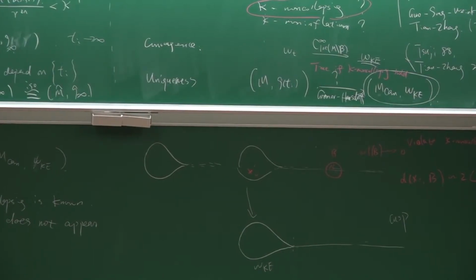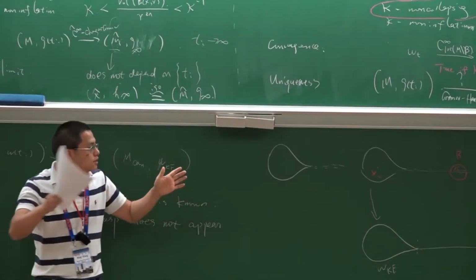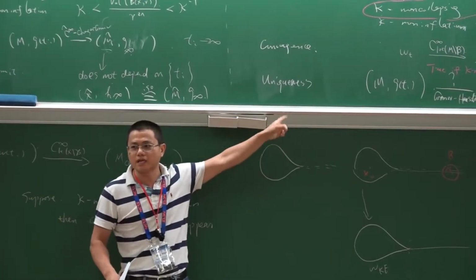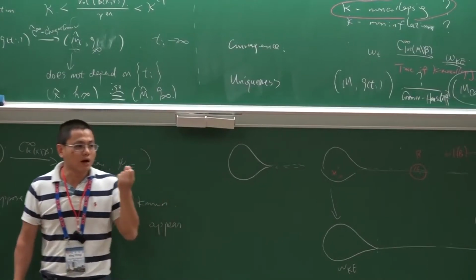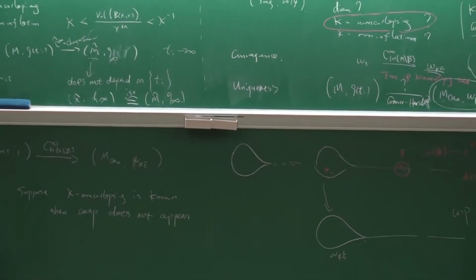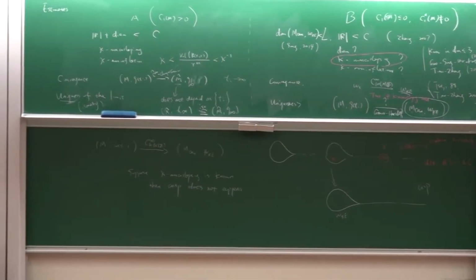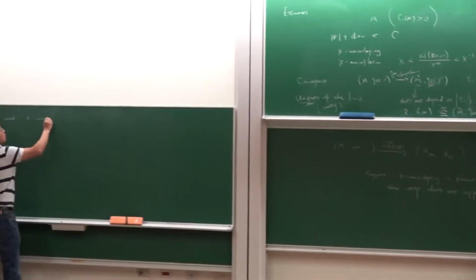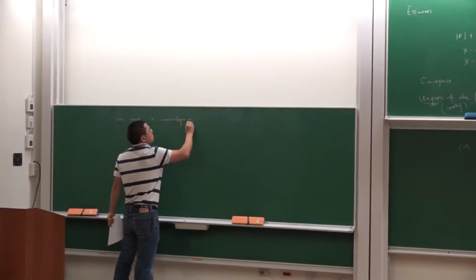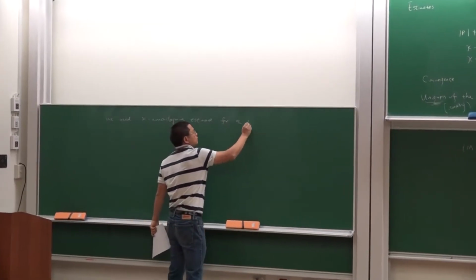But that kappa non-collapsing is for a short time singularity. This is for the Ricci flow, but you will see this is the kappa non-collapsing at time infinity. So somehow you need to develop a kappa non-collapsing estimate for a Ricci flow.